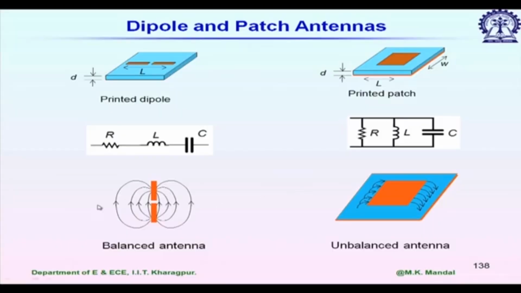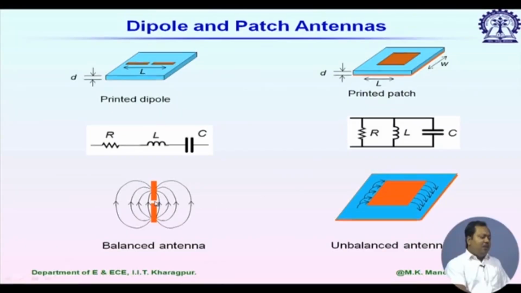Now, if I look at the electric field plot of any resonating dipole antenna, it looks like this. The length of this antenna is lambda g by 2 at the resonating frequency, and the electric field is maxima on the central plane. In the far field radiation, the electric field is parallel to the wire or the line of this dipole antenna.